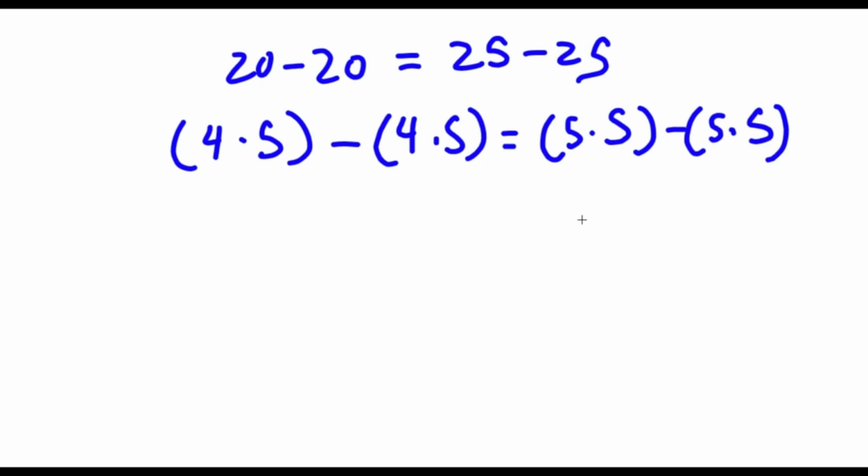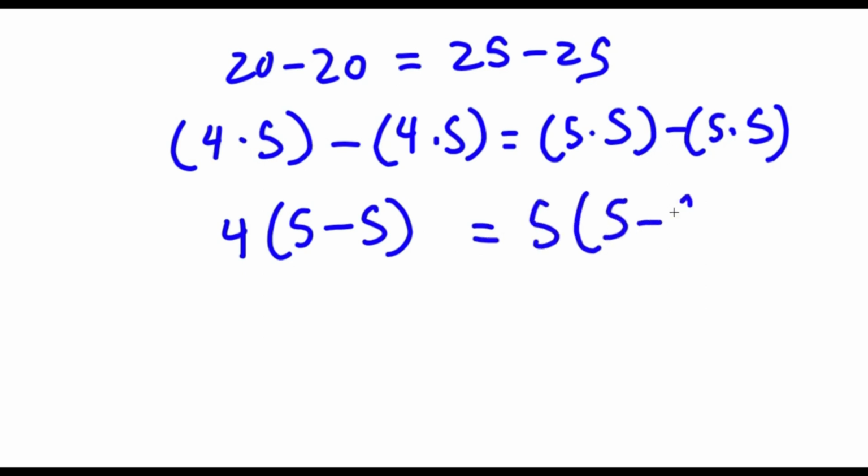Now, this is the same thing as 4 times 5 minus 5. All I did was I factored out 4 from this because both terms were being multiplied by 4. And now this is the same thing as 5 times 5 minus 5.